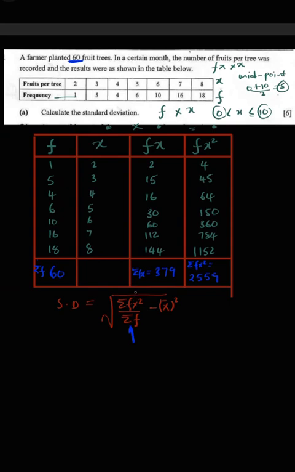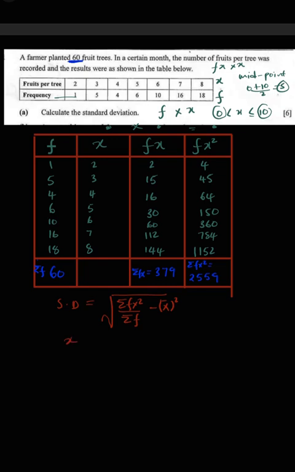We have summation of fx squared. What's missing is the mean. You can see we have everything here. What's missing is this x bar. We call this the mean. So first of all we need to find the mean. Once we find the mean, then we can come back and find the standard deviation. We are almost there. Okay, so let's find the mean.